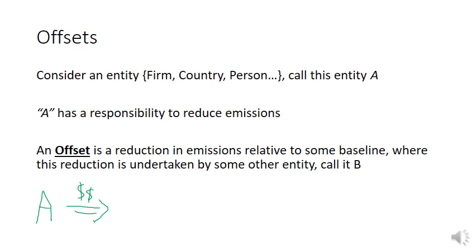And the reduction is credited to A, even though B is the one reducing, relative, of course, to some baseline. So in a sense, A is causing the required reduction, but physically, it's happening somewhere else.